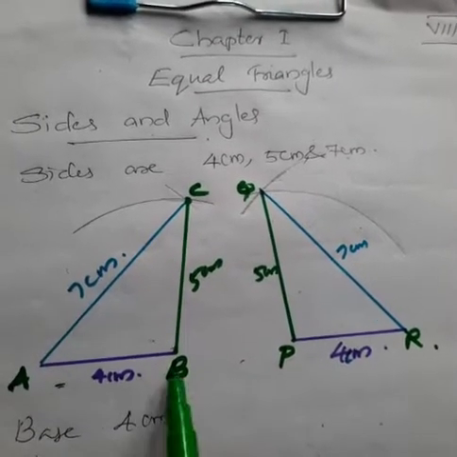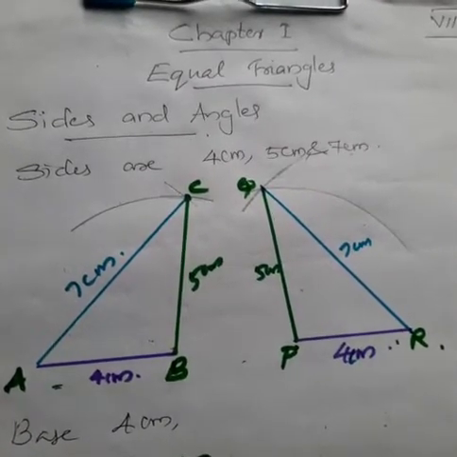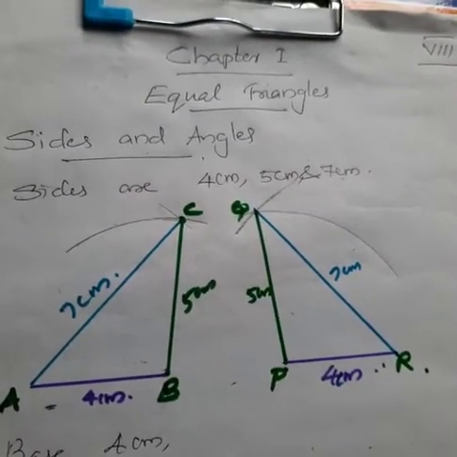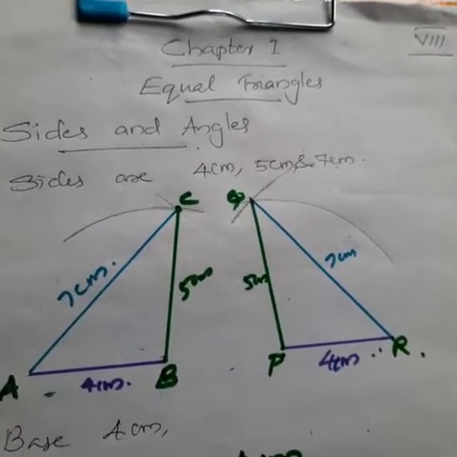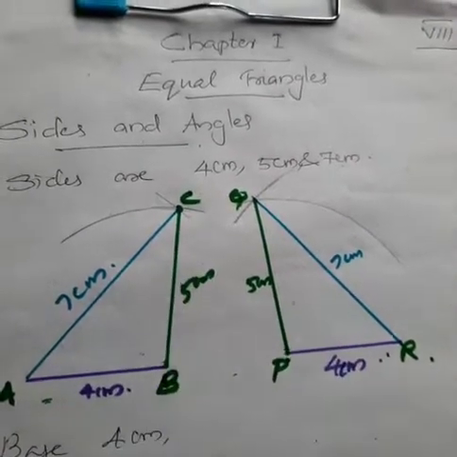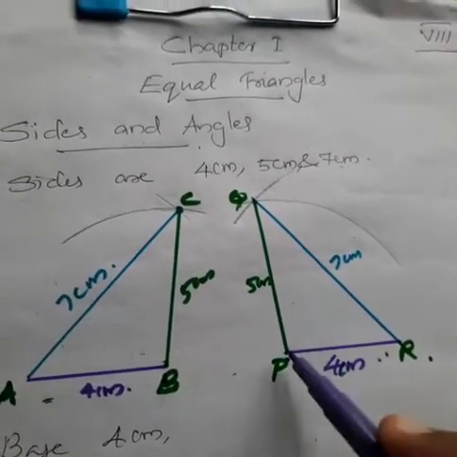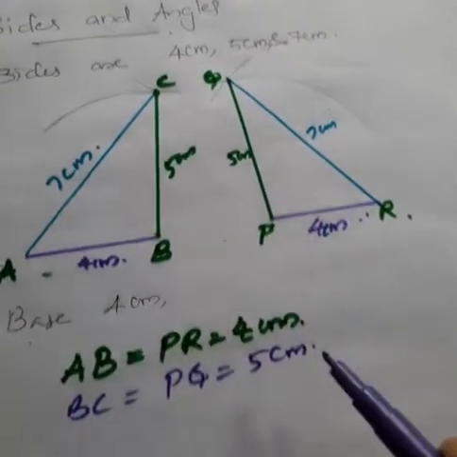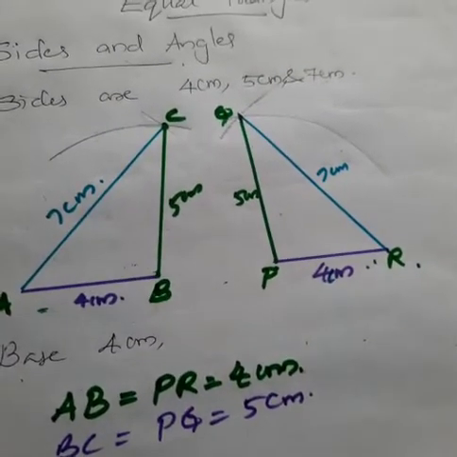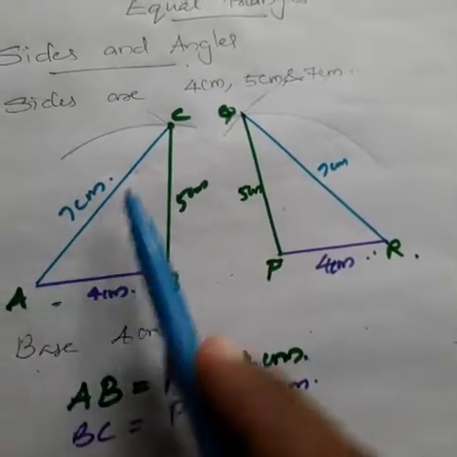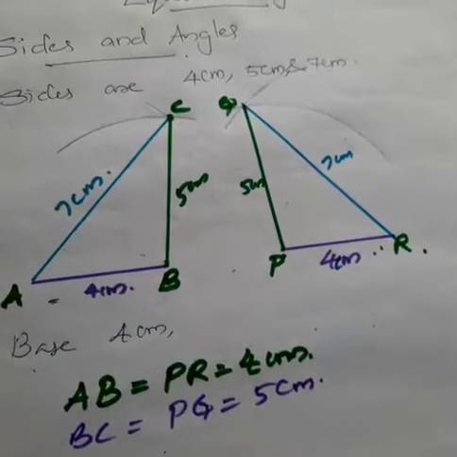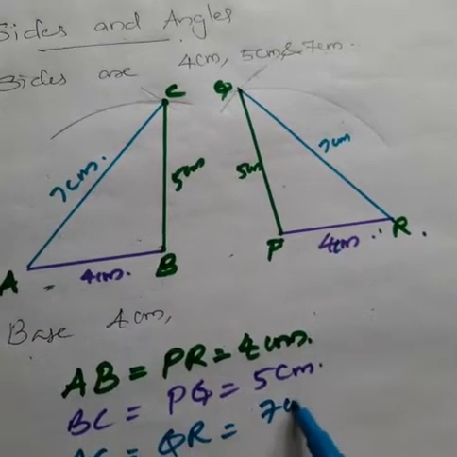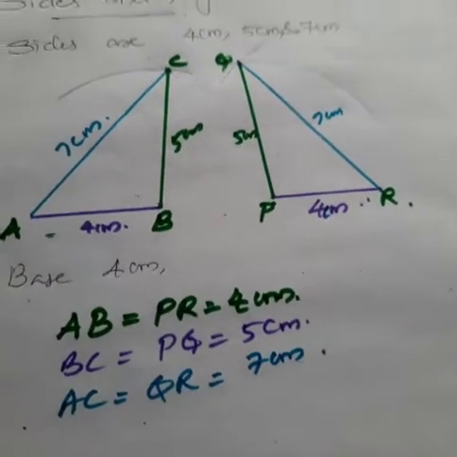AB is equal to PR is equal to 4 centimeter. Then BC is equal to PQ is equal to 5 centimeter. Then the third side, AC is equal to QR is equal to 7 centimeter.